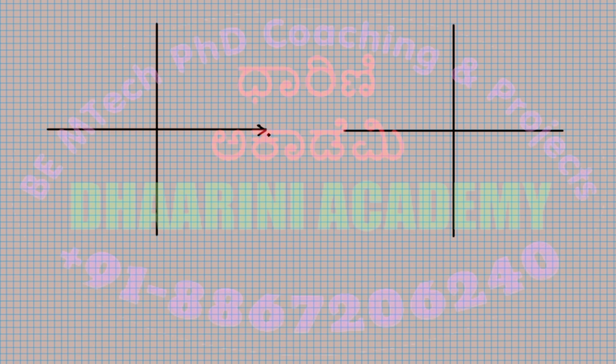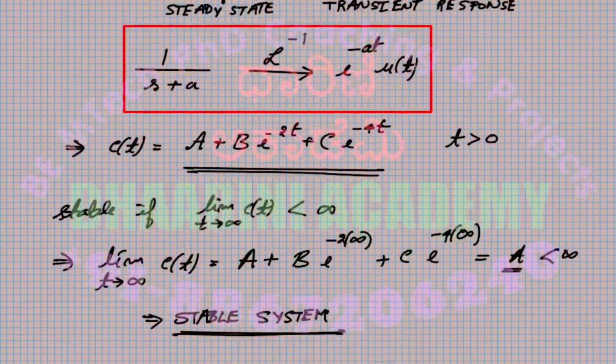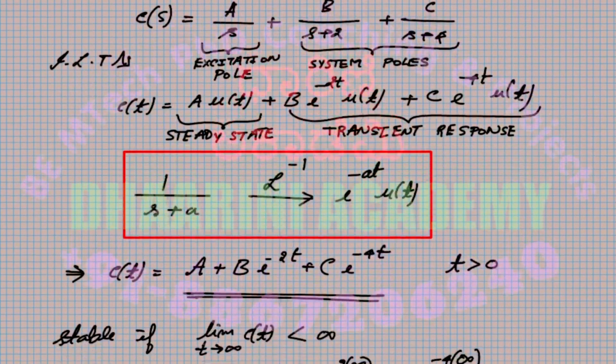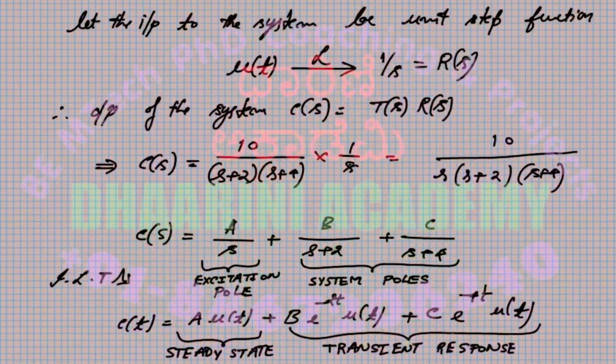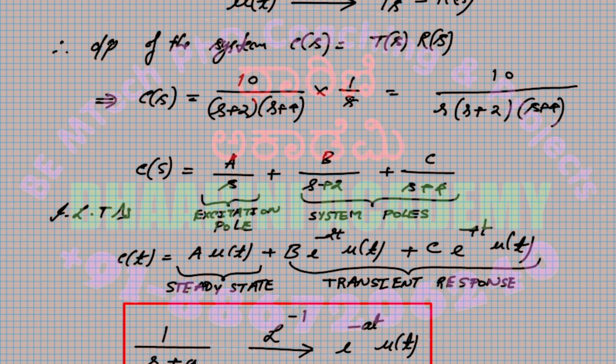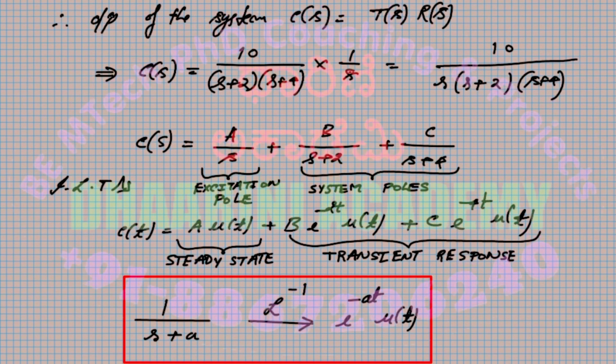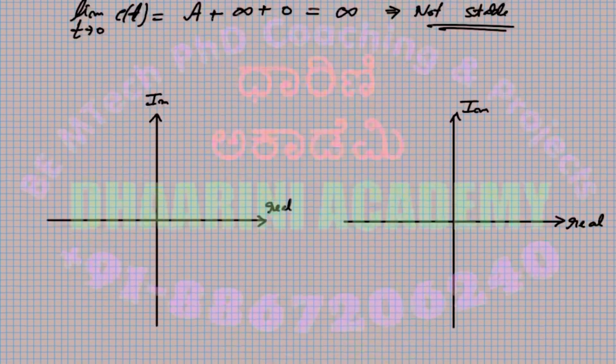This is the real of S, this is the imaginary of S. For the first system, if you remember, we had S equal to minus 2 and S equal to minus 4 as the system poles.